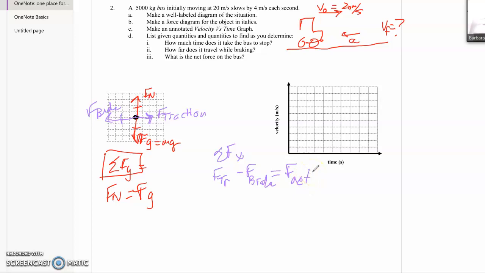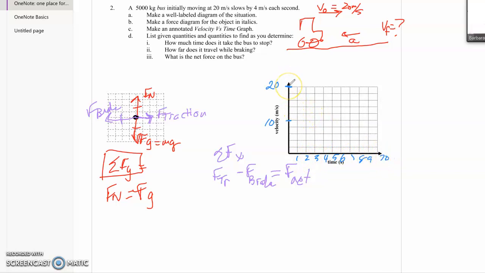Okay, so if we come over here, I'm going to try to have good markings on this. So 20 and 10 and 1, 2, 3, 4, 5, 6, 7, 8, 9, 10.